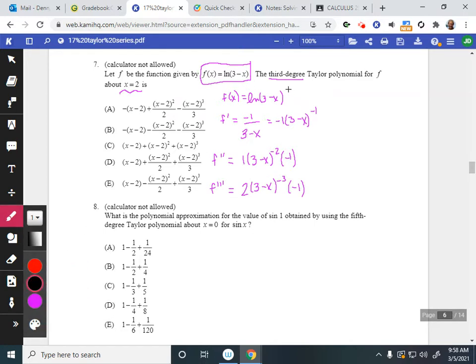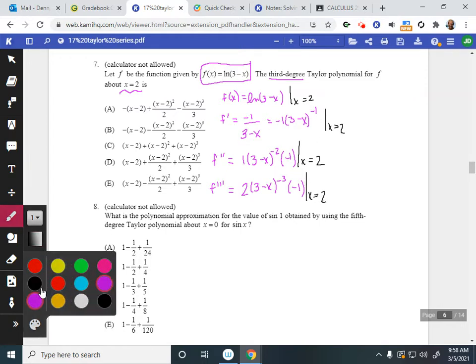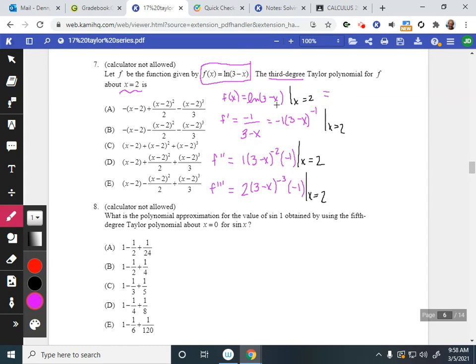So now let's plug x equals 2 into each one. So we're going to evaluate each of these at x equals 2 to write the Taylor polynomial. When I plug x equals 2 into this, I get the natural log of 1, which is 0. When I plug 2 into this, I'm going to get 3 minus 2 is 1 to the negative 1 times, so I'm going to get negative 1.